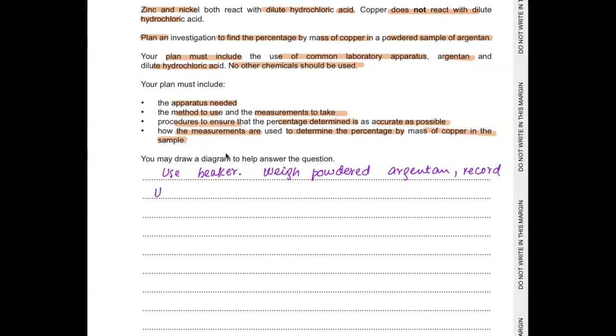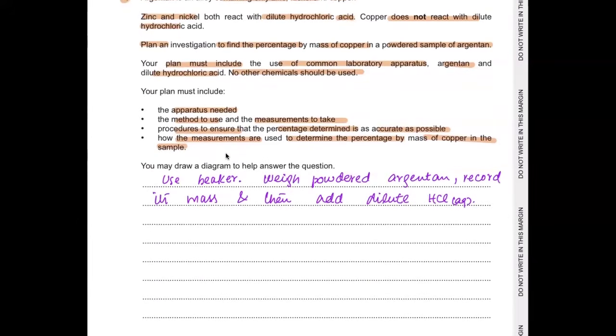Record its mass and then add dilute hydrochloric acid. So what is going to happen? Dilute hydrochloric acid is going to react with the zinc and nickel both, and we are left with the copper.